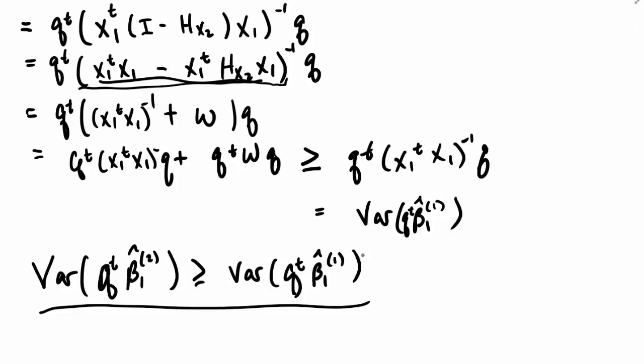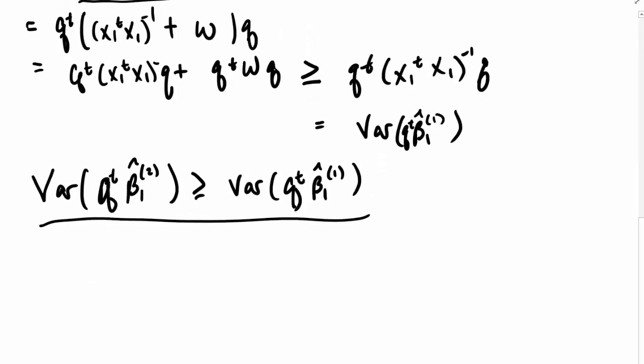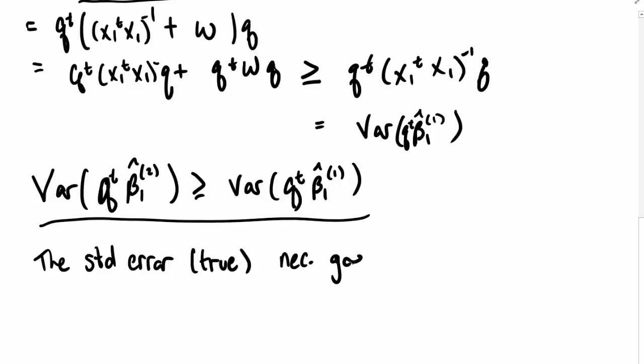But the fundamental point from this lecture, which I think is a very interesting point, is that the standard error, the true standard error, so let me just write true, necessarily goes up when including new covariates.